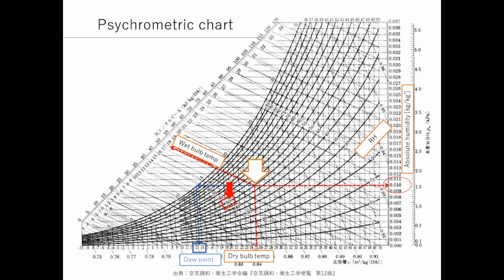Further, the dew point temperature for this air can be found by extending the line straight to the left and observing the temperature on the horizontal axis at the point where it intersects the curve for a relative humidity of 100%. In this case, it will be between about 13 and 14 degrees Celsius. In general, you can calculate absolute humidity and dew point temperature from a function that shows the relationship between these values.